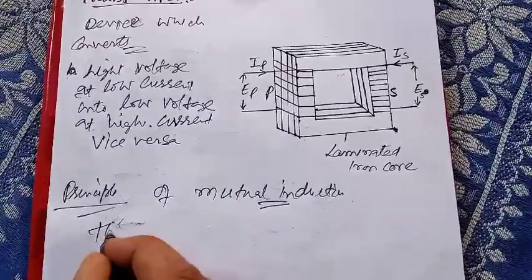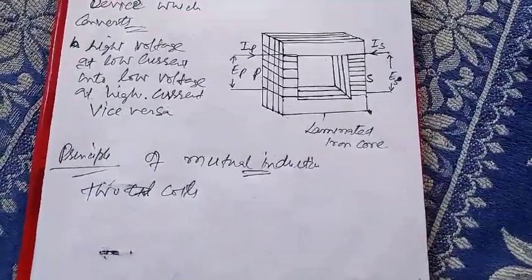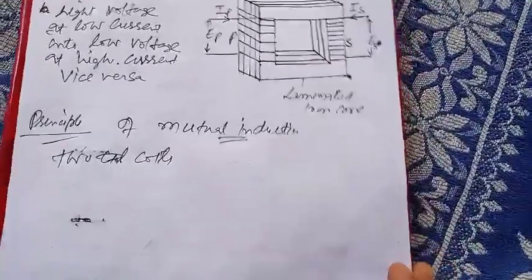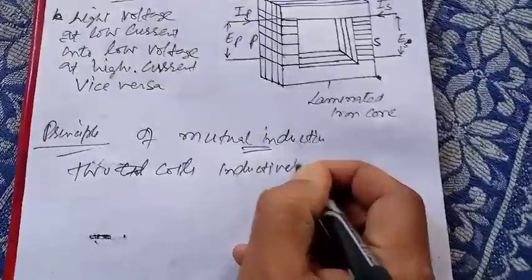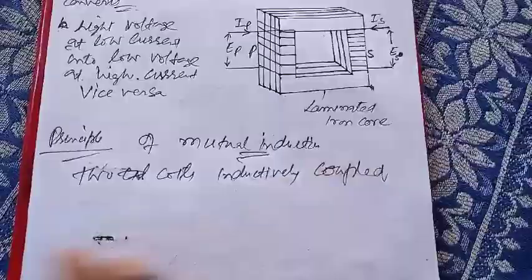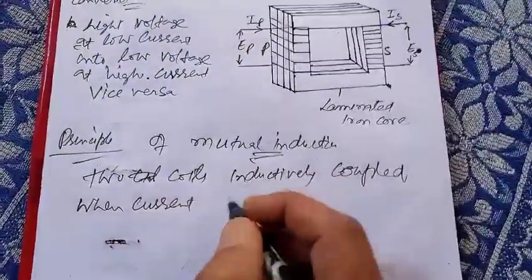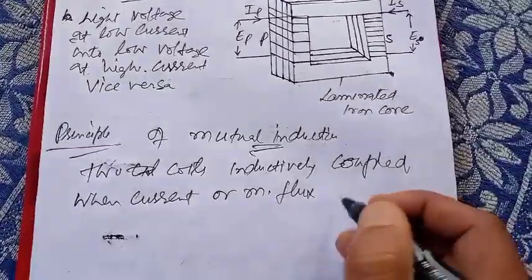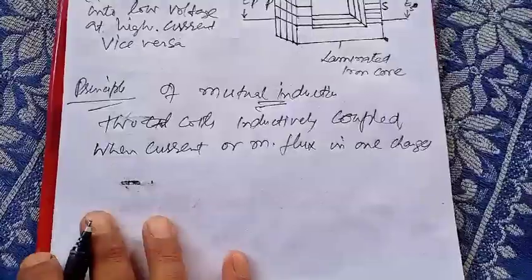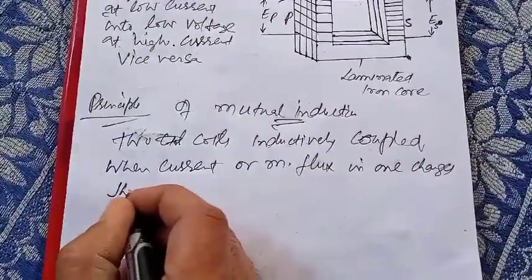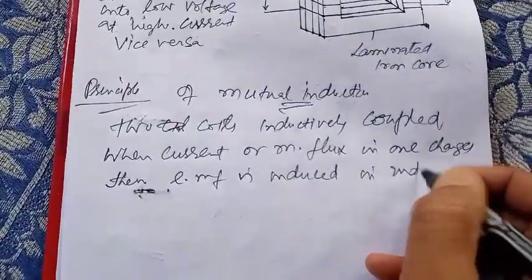That is, if we have two coils inductively coupled, and when current or magnetic flux linked with one coil changes, then EMF is induced or produced in the second coil.